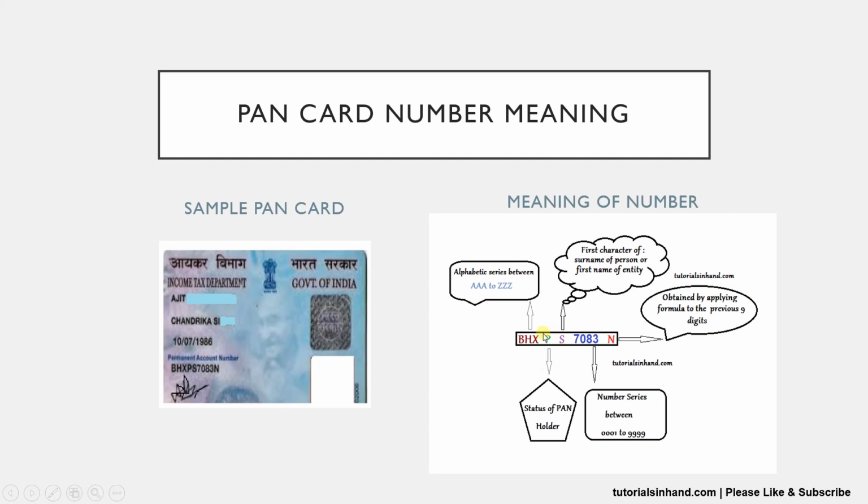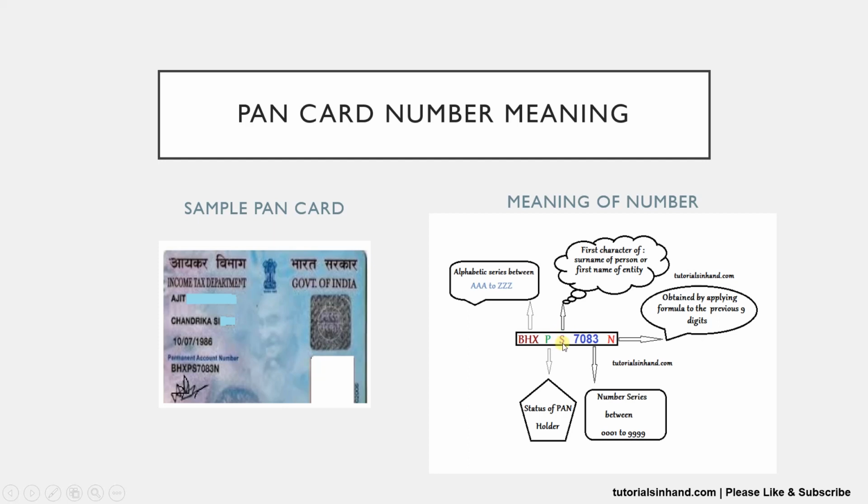For now, just understand that the fourth character actually denotes the status of the PAN card holder, and the next one, which is fifth character, is actually first character of the surname of a person in case it is issued to a particular individual, that is person, and it may also contain the first name of the entity, such as the company. Like a company, if the PAN card is issued to the company, then the first character of the company name is written over here.